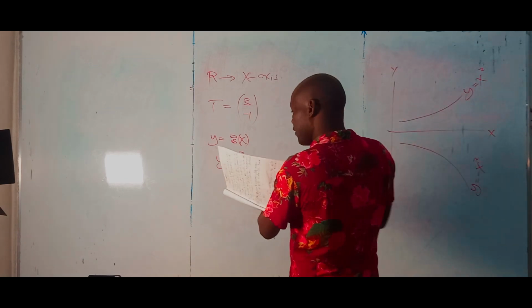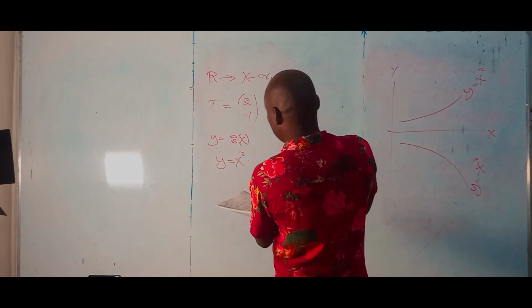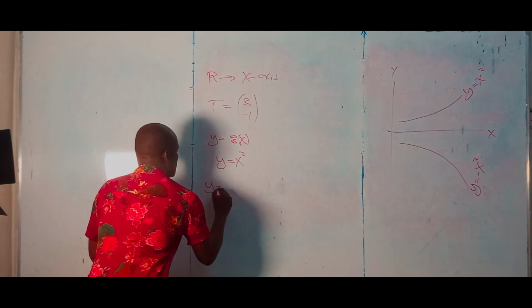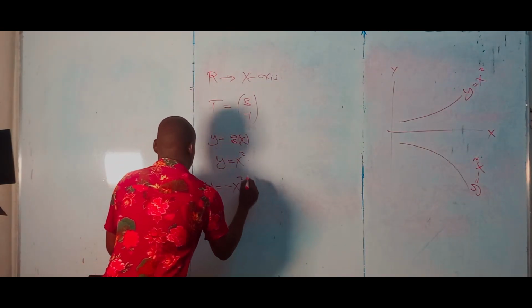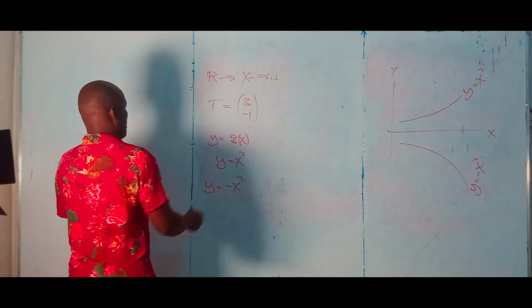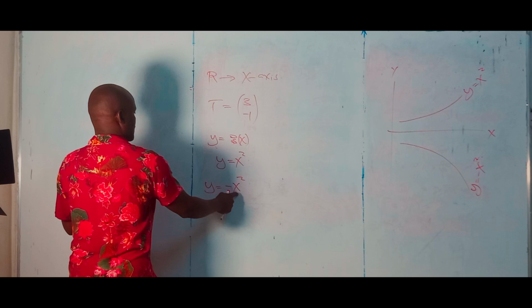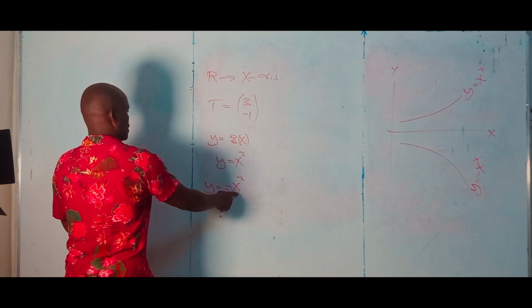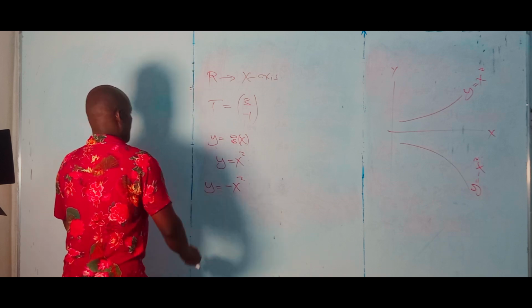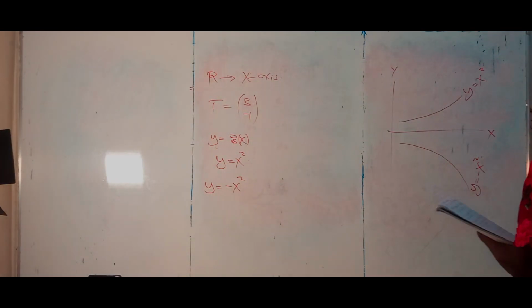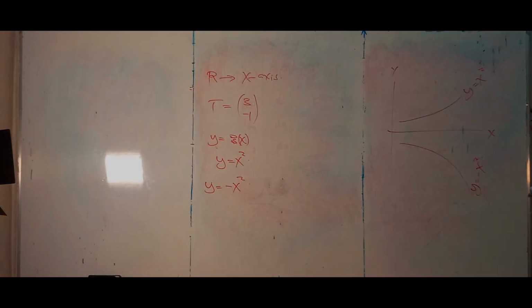So if the equation I have is y = minus x squared, then incorporating this, where there is x, I will have to put x minus 3.